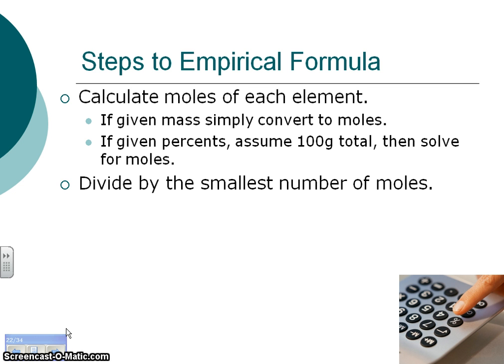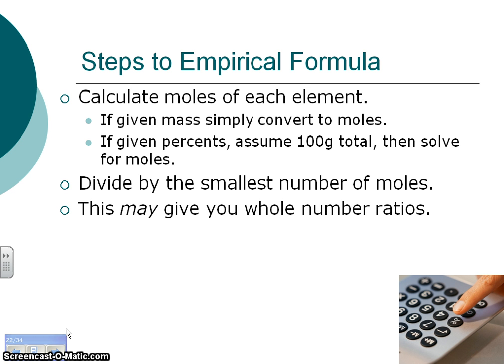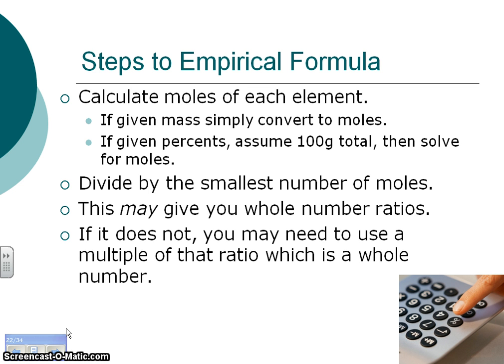You then would divide by the smallest number of moles, and this should, but not always, give you whole number ratios. We'll talk about what to do if this does not give you whole number ratios. We're going to come back to this. And then, basically, that's your empirical formula.